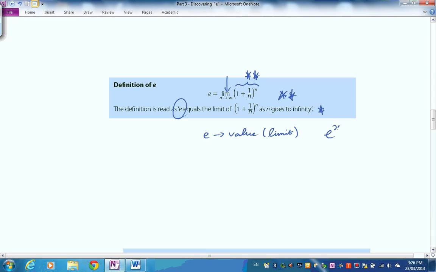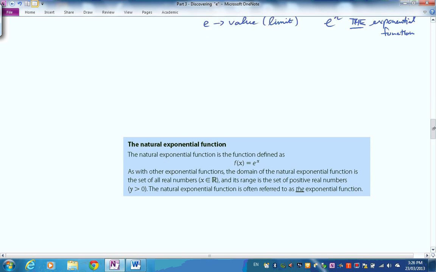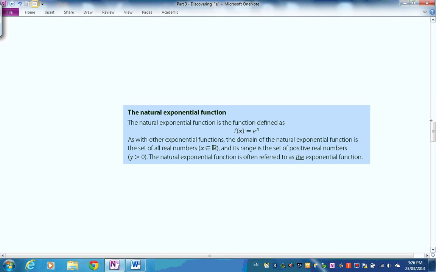So here, e to the x is called the exponential function. Not just any one, but when you use that base, that's a special base, and therefore we call that the exponential function. So e to the x, very special number. Anyway, so let's come down now, and here we're going to call the exponential function using e the natural exponential function.